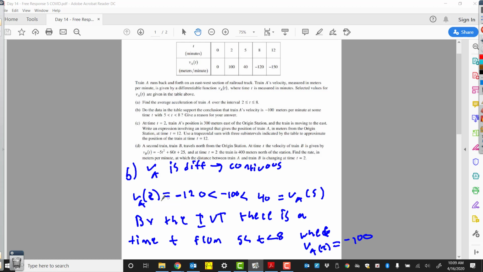Pretty straightforward. It's just making sure you remember the IVT. If it's continuous, it has to cross everything in between those 2 points.